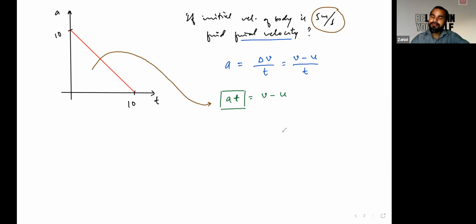Okay, Khalid? Yes, sir. So we have to find the area of that figure right now. Yeah. So we have to calculate the area of that figure. It is depicting nothing but a triangle, and the area of a triangle is half base into height, and put that value here. We have initial value as 5 meters per second.